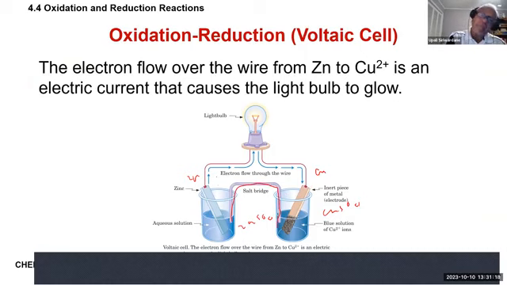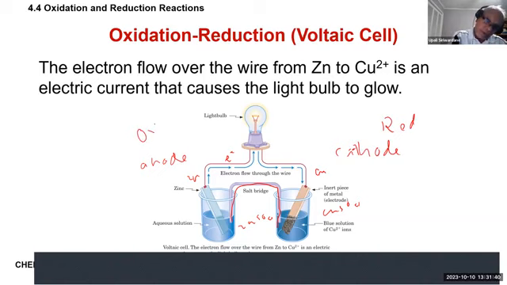Electrons flow from the anode. Anode is where oxidation takes place. Cathode is where copper is reduced. Reduction takes place at the cathode. At the anode oxidation takes place. Electrons flow from anode to cathode.